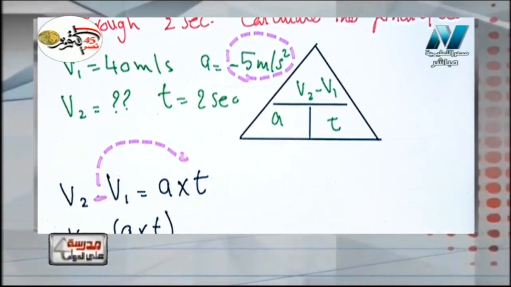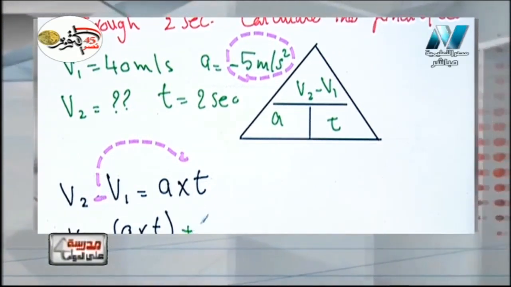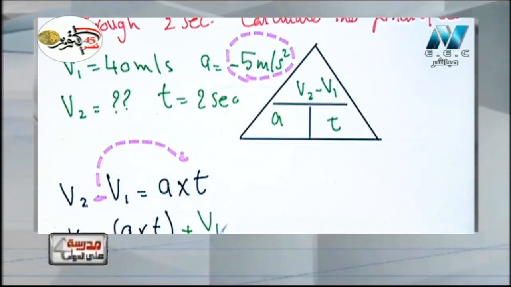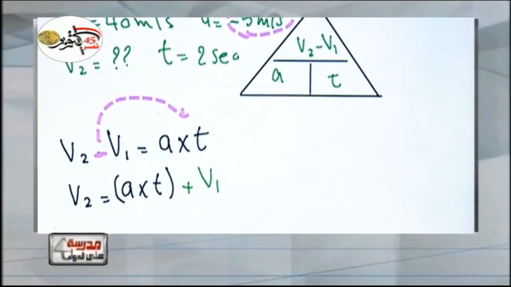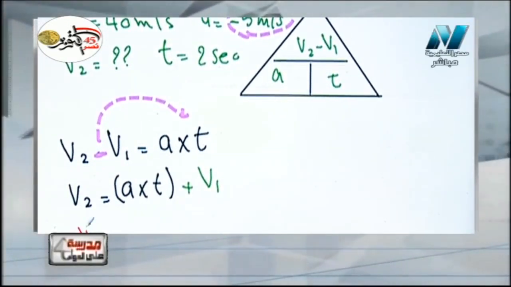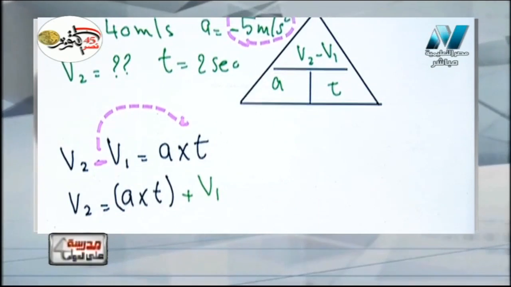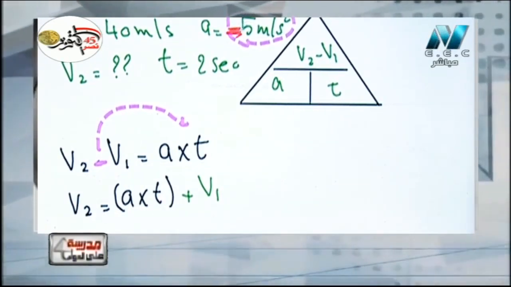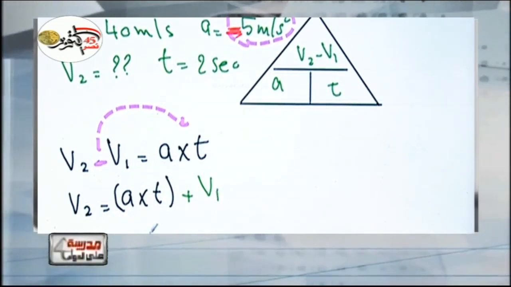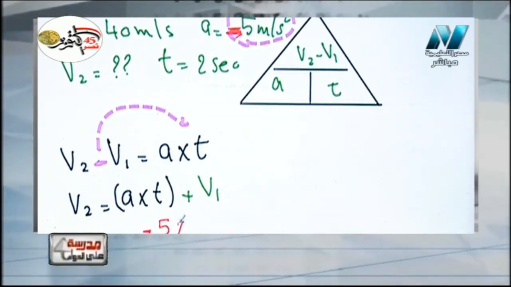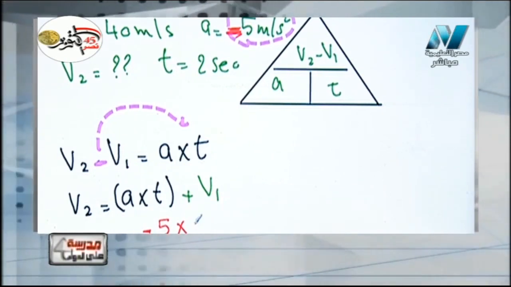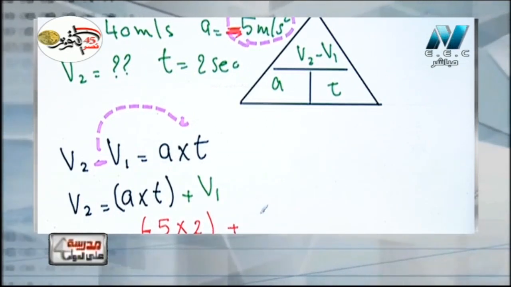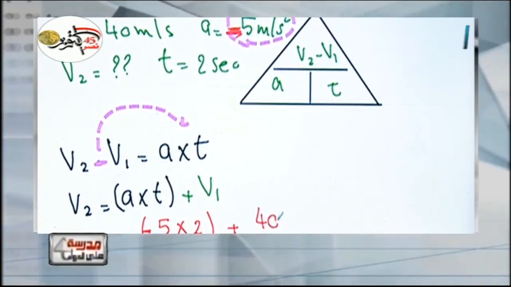So we will use positive, or plus V1. Okay? So V2 equal acceleration equal how many? 5 meter per second, but in negative. بصوا كده بعمل ايه؟ فوق negative. يبقى negative 5 times time equal كام؟ equal 2, bracket plus what? V1 equal كام؟ equal 40 meter per second.